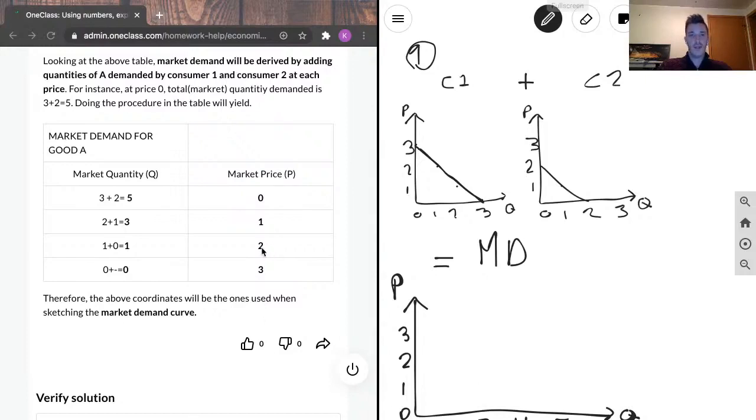At a price of 2, consumer 1 demanded 1 of the good, right here. We can see that the Q is 1 and the P is 2. And consumer 2 demanded 0 of the good. So at a price of 2, market quantity demanded is going to be 1.